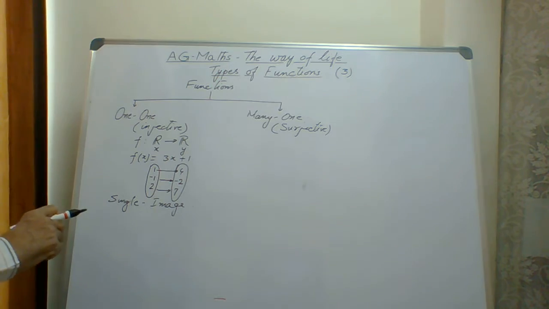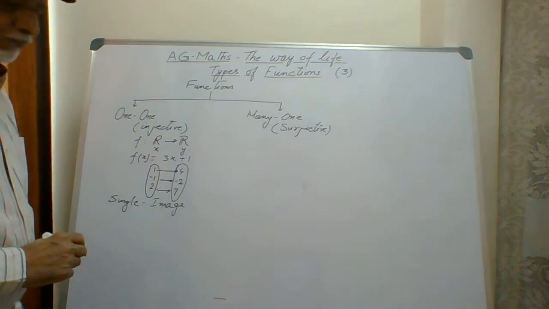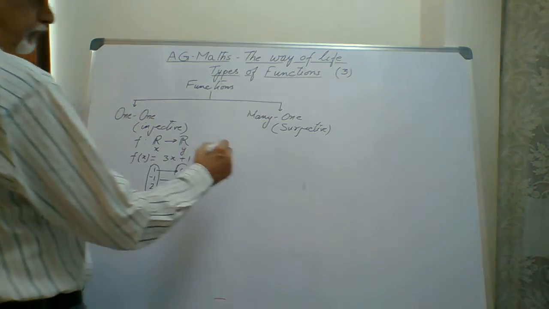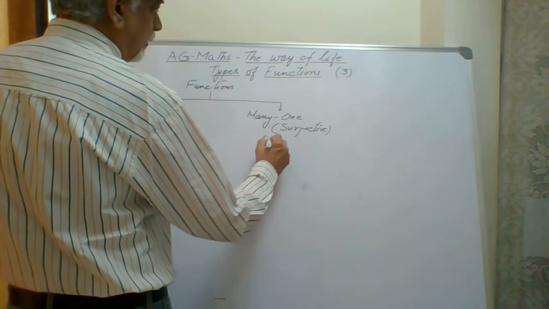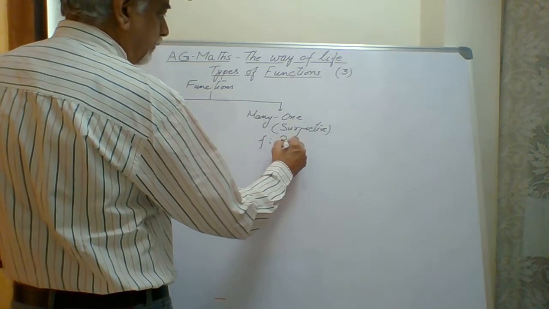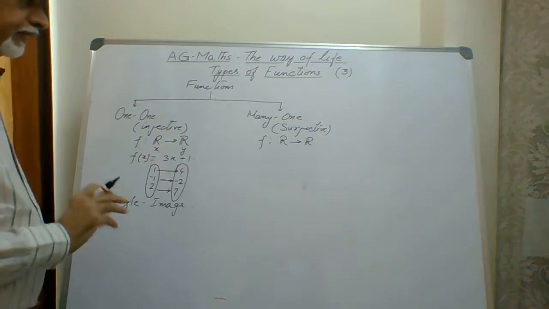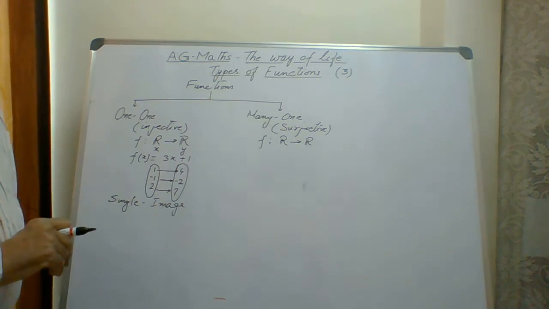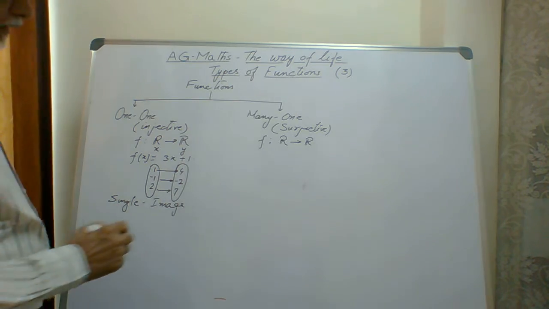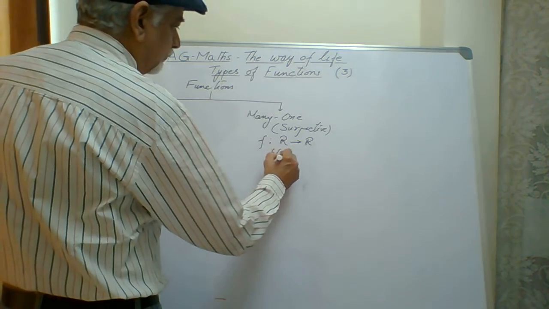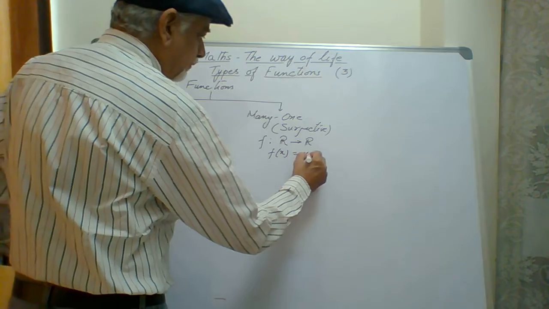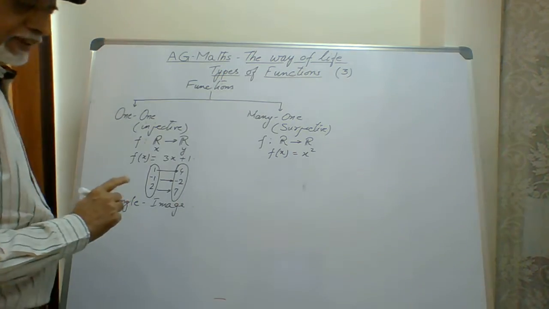Now let's find out many one. In many one, again we take a function with domain as real number related to the range as real number. Real to real number is the function. Suppose the example is f(x) equal to x square.